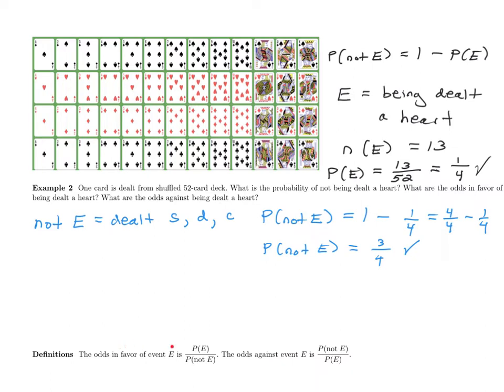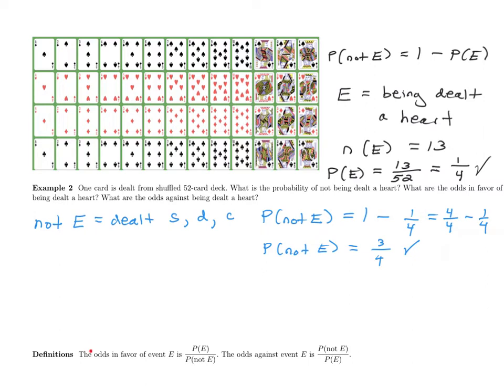Odds in favor of event E occurring works a lot like probability, except it's not the part over the whole, it's the part that it happens versus the part that it does not happen. The definition is a bit confusing, so I say we use these numbers to compute it and then try to make some sense of that.